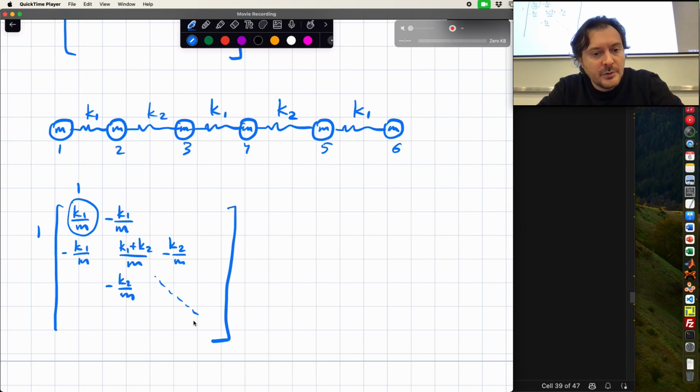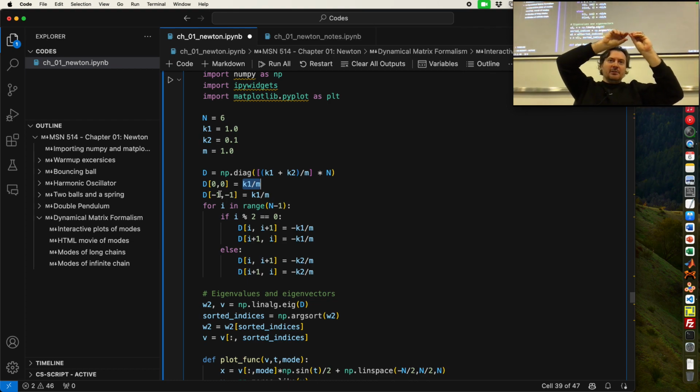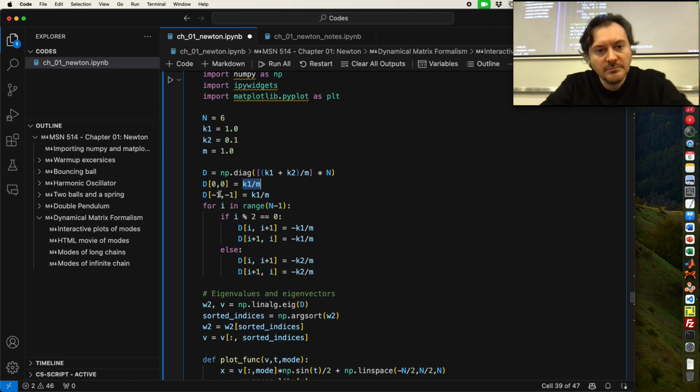Yeah. The last one. And in Python, the last one is minus 1. So you assume that you start from 0. You start from 0, 1, 2, 3, 4, 5. The last one is 5, but it's also minus 1. It goes on the other direction as well. Good? So minus 1 is the last one, and the last one is K1 over M.